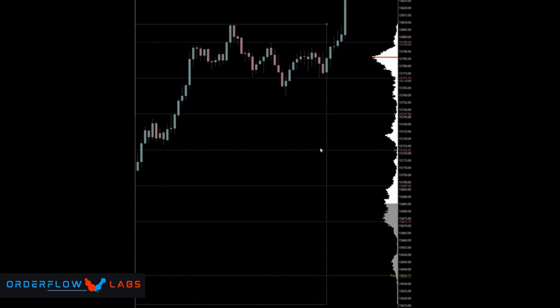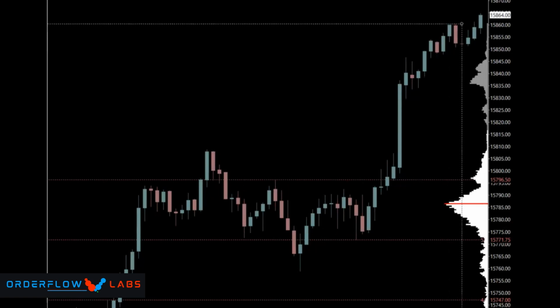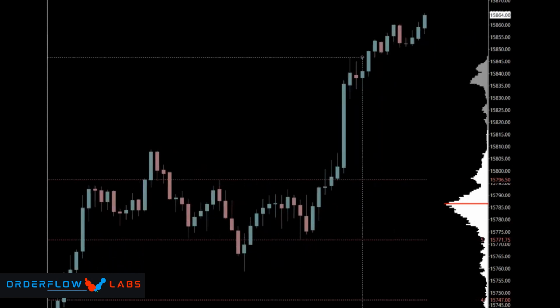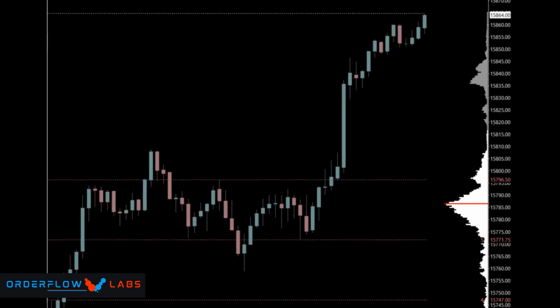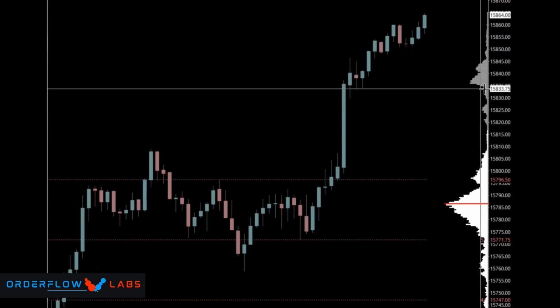Continuing this here, we can see as it respects the low volume nodes below it, it continues to build above, and we further have taper at the top. In looking at this here, we have a distribution at the 785 range and one here at 840, 835.